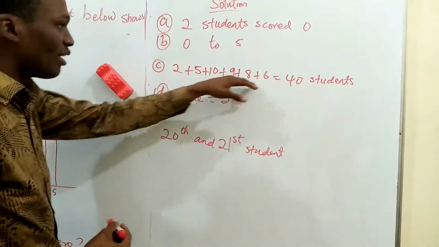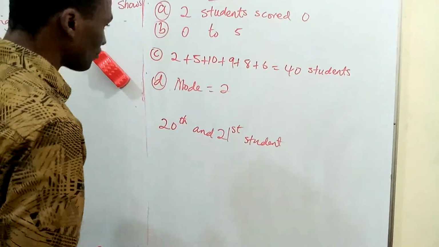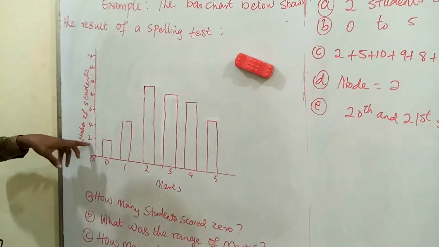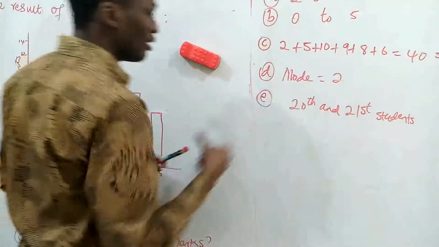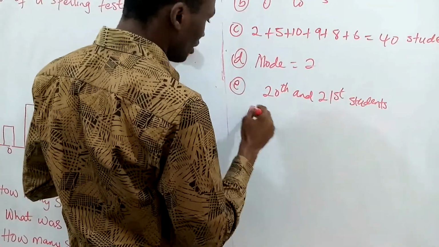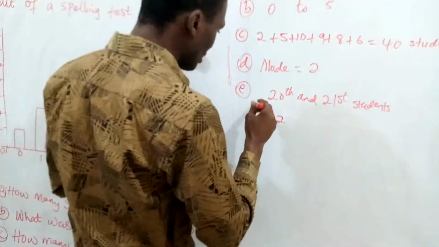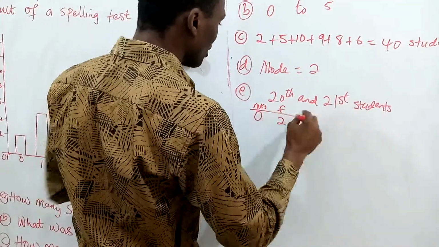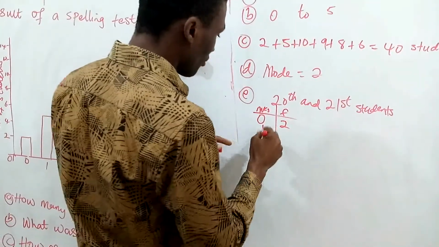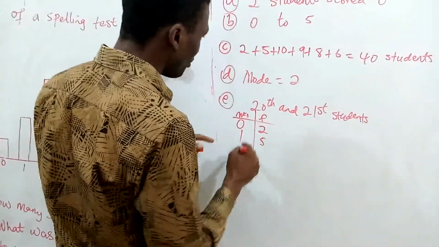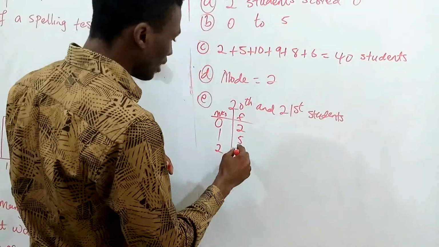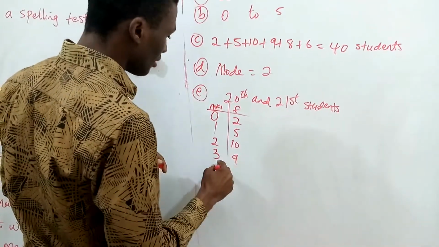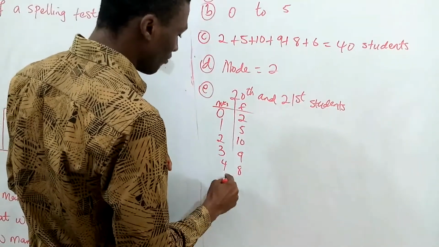We first arrange our values in order of size. We are told that 2 students had 0. Here we have the marks and the frequency. 2 people had 0, 5 people had 1, 10 had 2, 3 had 9, 4 had 8, and 5 had 6.